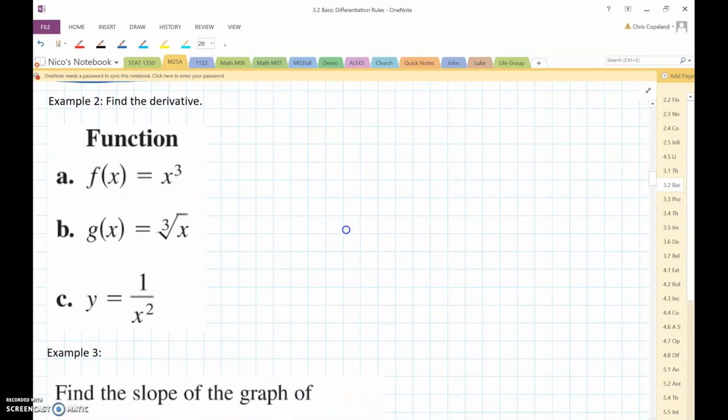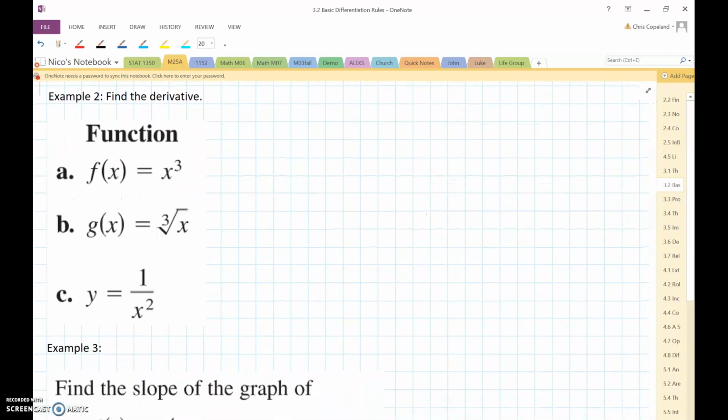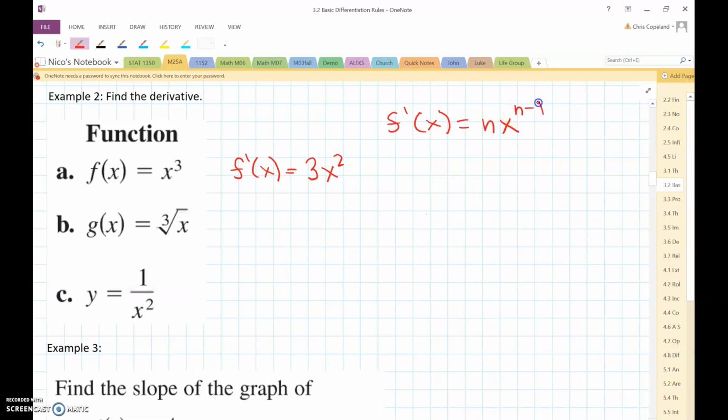Alright, let's look at example 2. So, several different power functions here. This part A, we just did this one. This would be f prime of x equals 3x squared. Remember, the rule is f prime of x is n times x to the n minus 1 when f of x equals x to the nth power.